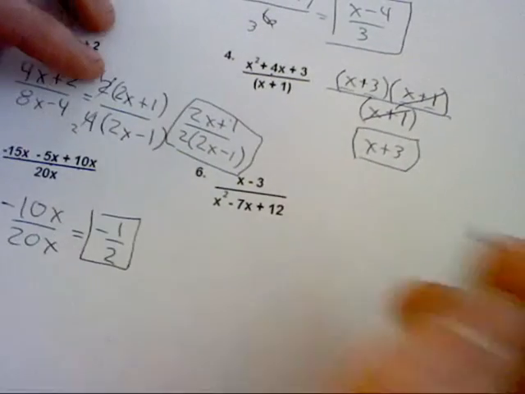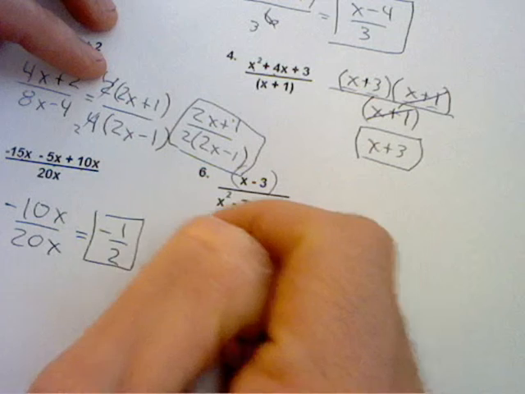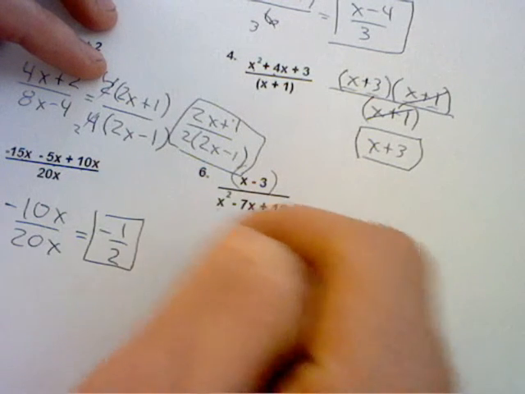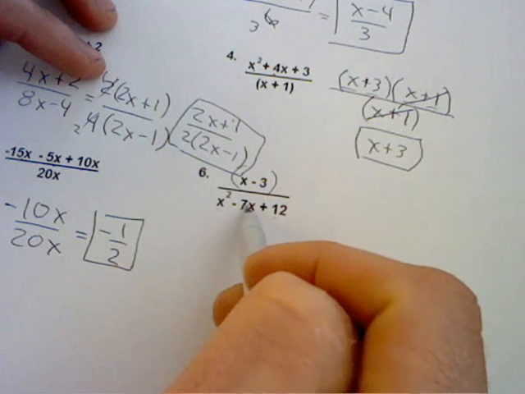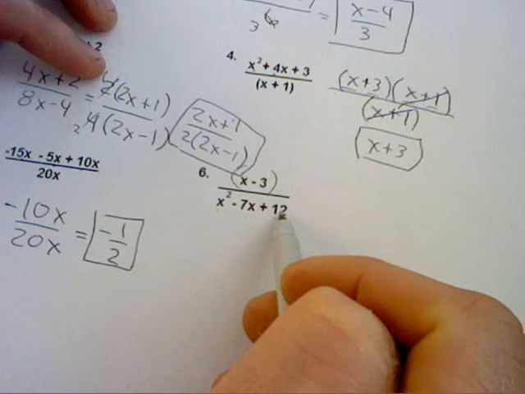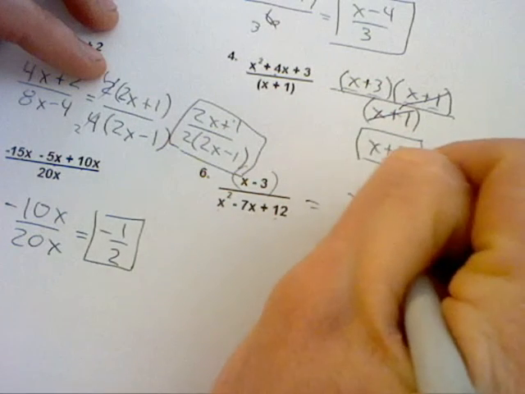Okay, and the last one here, again, you got a binomial on top, you got this trinomial on the bottom. Let's see if we can do anything with this trinomial. And again, if you notice it's in the form x squared plus an x term plus a constant, that's a big clue that's going to be a double bubble in the bottom there.